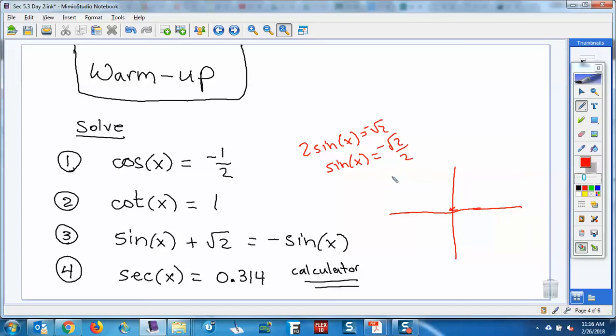Okay, so that brings up the next step in our learning curve on doing these. When we want to solve one of these equations, we want to isolate the trig function, a single trig function, on one side of the equation by itself. It's kind of like in algebra class, the goal was get x by itself. For us, the goal is get the trig function by itself.